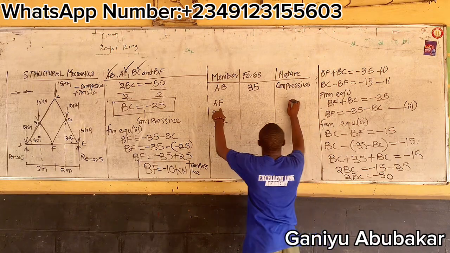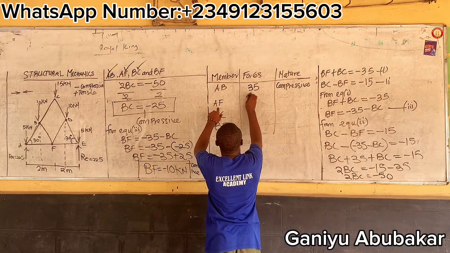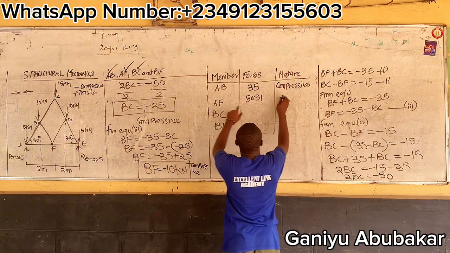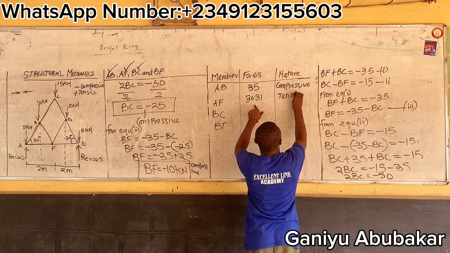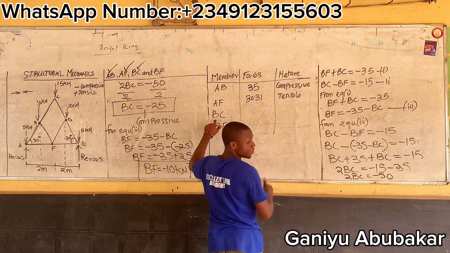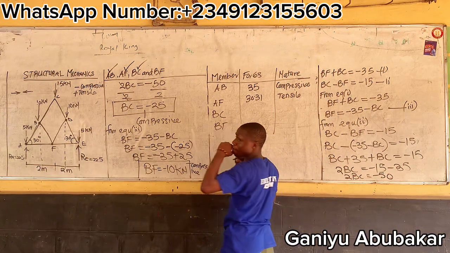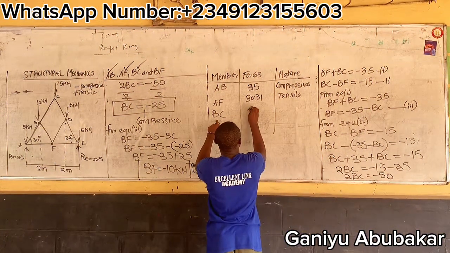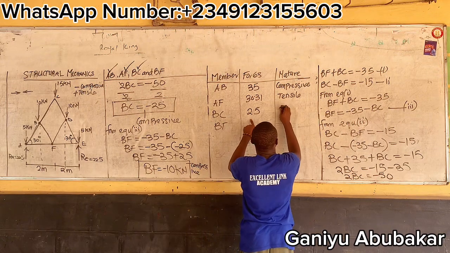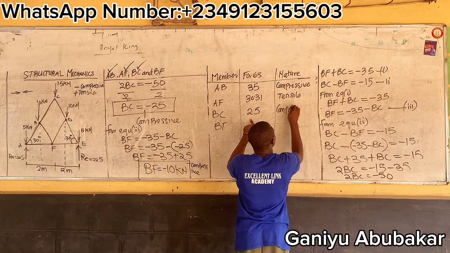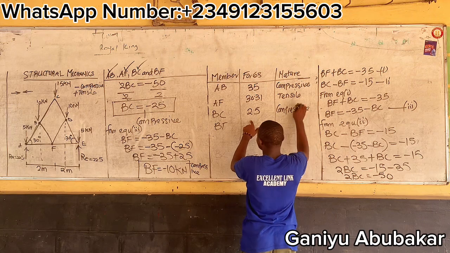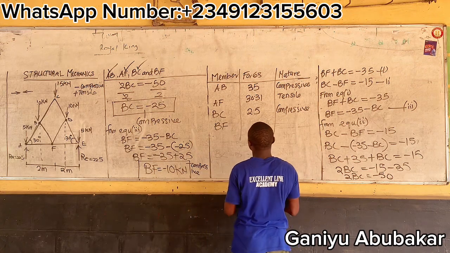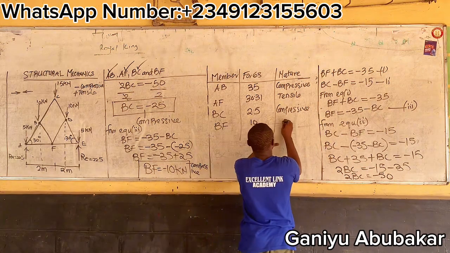What's BF? 30 point something. Is it tensile? What next there? What's BC? 25. Yes. What's that? Compressive. Are we there? What's BF? 10 Abby. What's the answer there?